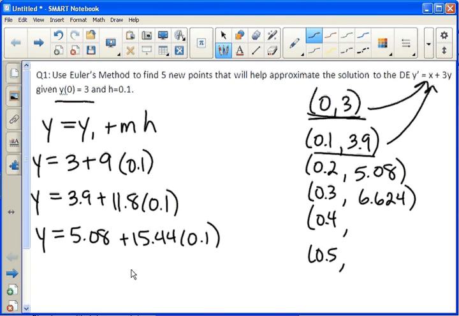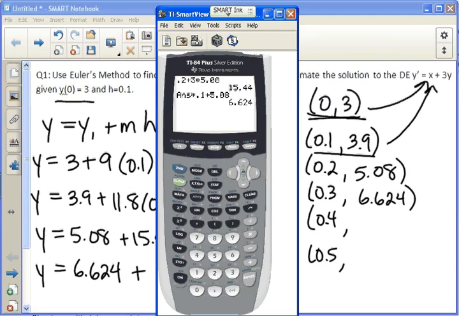Okay, then we do the process again. We put in the new y value, 6.624 for y1. We find our new slope, which is going to be 0.3 plus 3 times 6.624. That's our new slope. We multiply that by 0.1 and add 6.624.